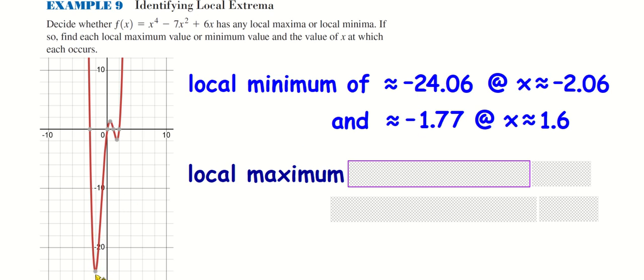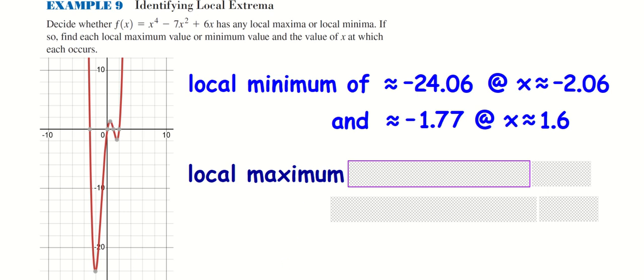So that would be the minimum value, and it's at that point. You could tell this on Desmos, or if you zoom in enough on your graphing calculator. But if the directions were asking you to also identify any absolute minimums or absolute maximums, this would also be an absolute minimum.